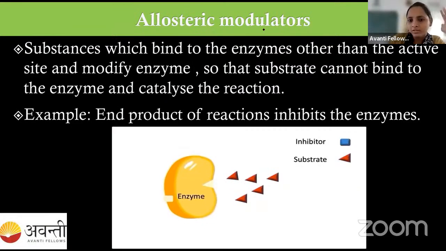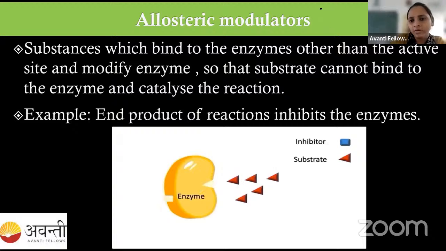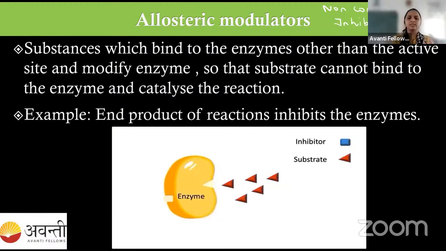Allosteric modulator. Students, this allosteric modulator, we also call it the non-competitive inhibitor. What is this non-competitive inhibition? Just see here. The substrate and the inhibitor do not look similar, and both of them will not compete for the active site.